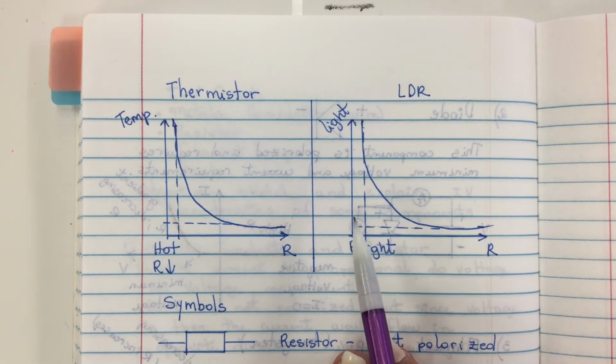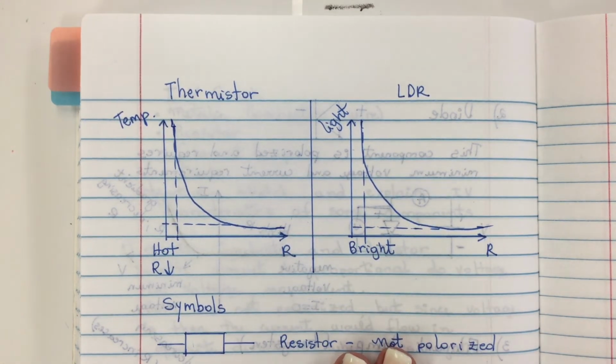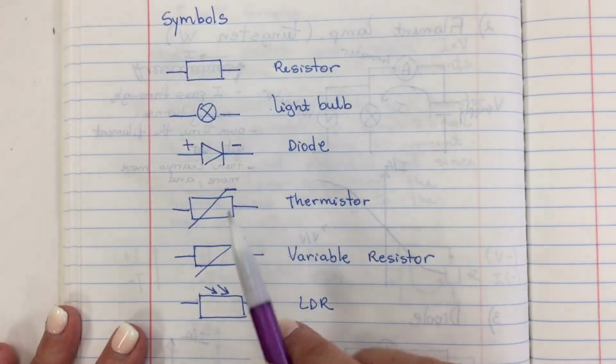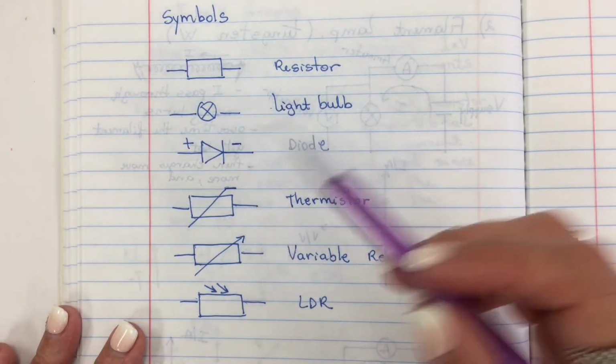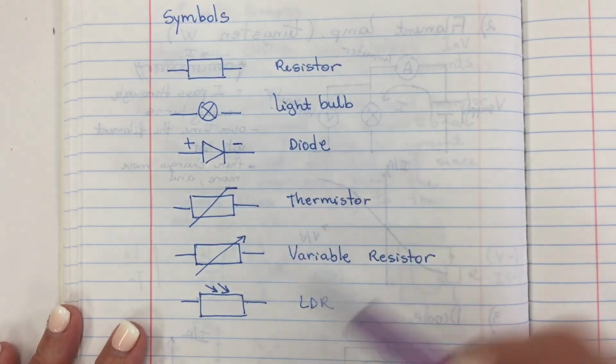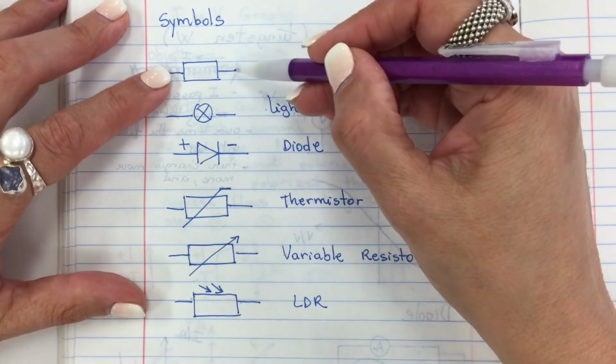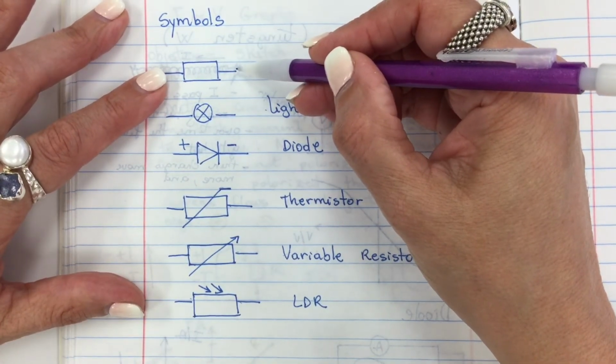As the light is less bright, the resistance is higher. Also part of today's notes, the symbols for different components are shown here. The resistor is just like a box, right, with two terminals, not polarized.